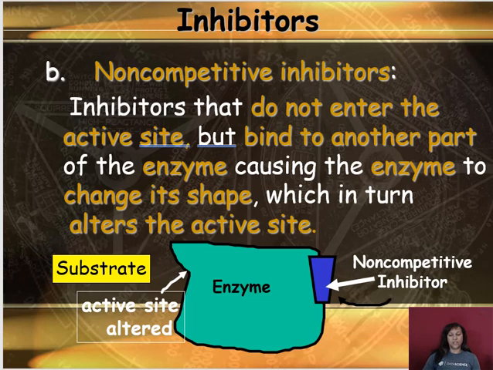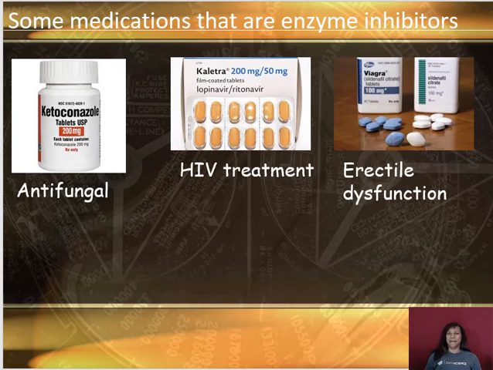But let's look at why that's important. The knowledge of these inhibitors we actually use, as we always do in science, for the betterment of humankind. Let's look at some medications that are actually enzyme inhibitors. We have ketoconazole, an antifungal.